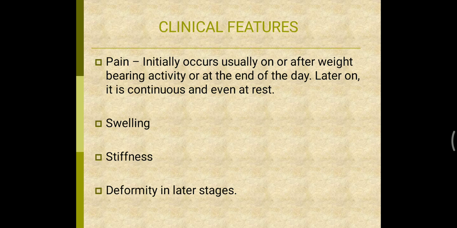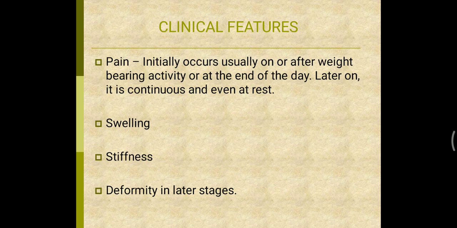So first and foremost symptom of the osteoarthritis is pain. Every patient of the osteoarthritis will present with the complaint of pain initially. So there will be less or intermittent pain initially.